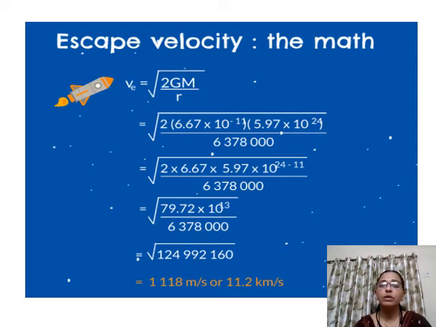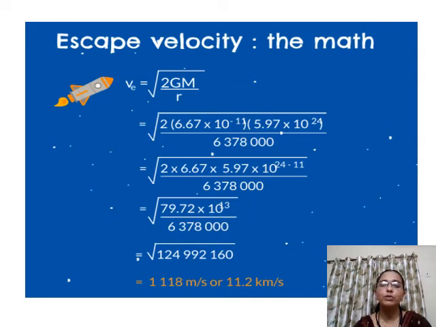Mass of the earth we consider as 5.97 into 10 raised to 24. And the radius of the earth, you will get 6.378 into 10 raised to 6.